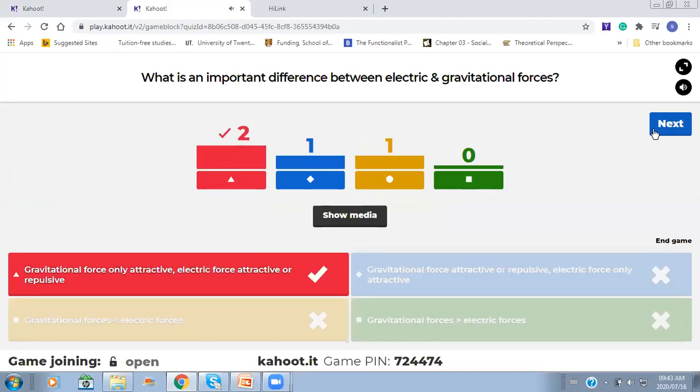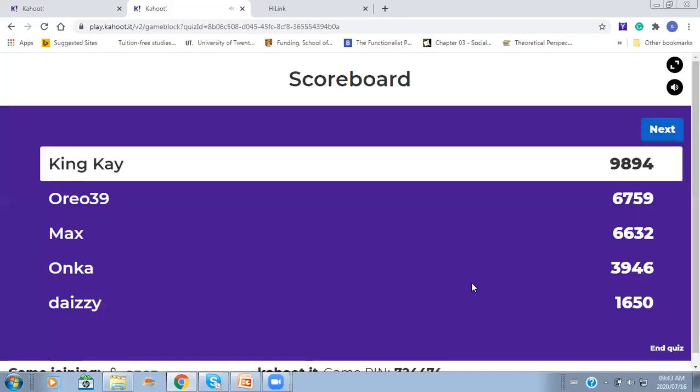Okay, two people got this right, and then one person answered that gravitational force is attractive or repulsive, which is wrong, and another said gravitational is less than electric. So let's see the two people who got this one right, which is: gravitational force is only attractive, and electric force is either attractive or repulsive.